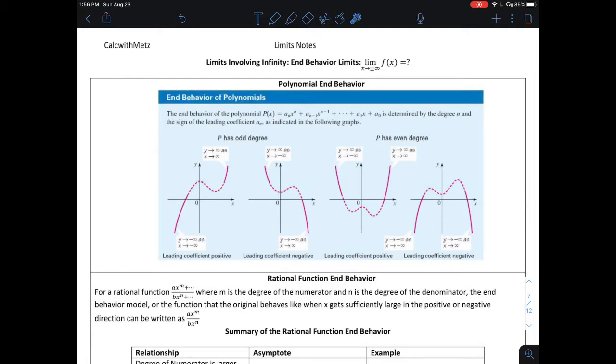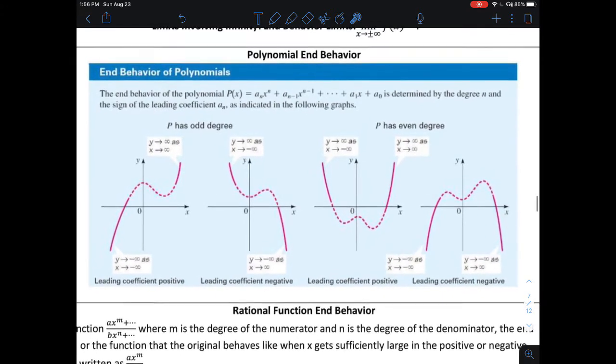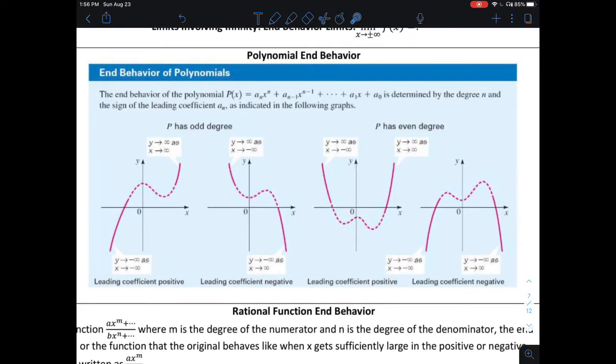Now, recall the polynomial end behavior rules from Algebra 2 or pre-calculus, where I can determine the end behavior of a polynomial function based on the leading term test. If it is an odd degree polynomial, and the leading coefficient, written in standard form, is positive, that means that the right side will go up and the left side will go down.